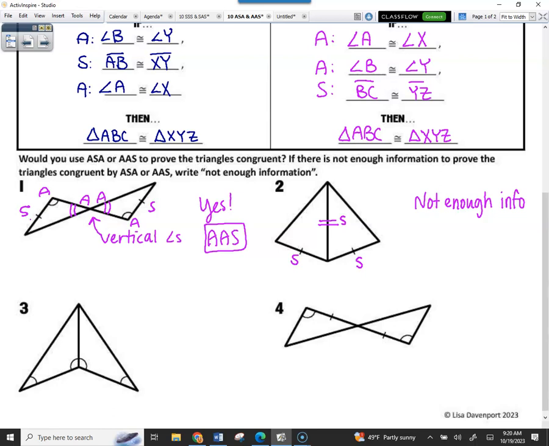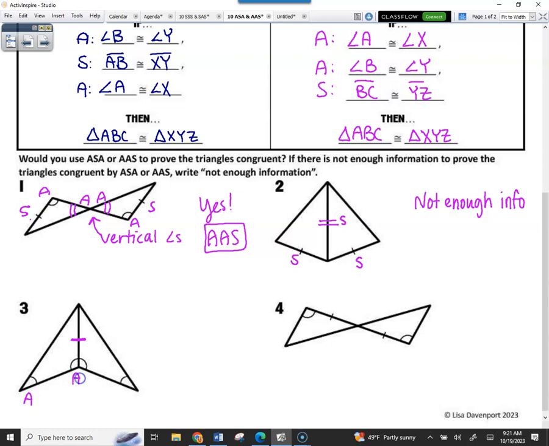Now, number 3, what's not marked because they're touching? Shared side right here. All right, let's label our info. So just start wherever and just label. This is an angle.